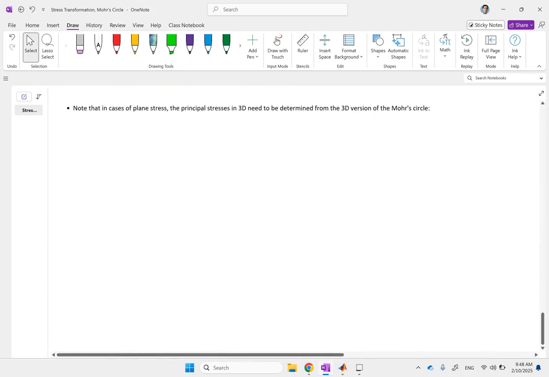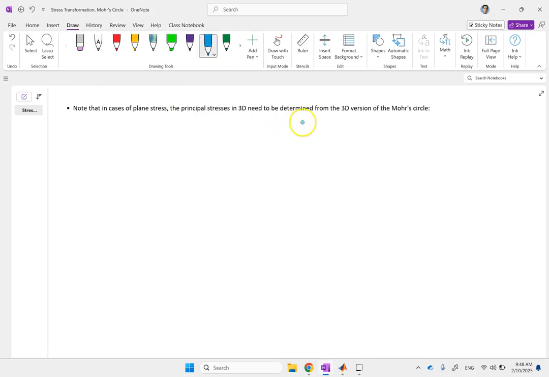One last thing before we finish this video is, in cases that we need to look at 3D stress, the stress distribution is still plane stress, but we need to find the max and the min stresses in 3D. There are going to be 3 Mohr circles.